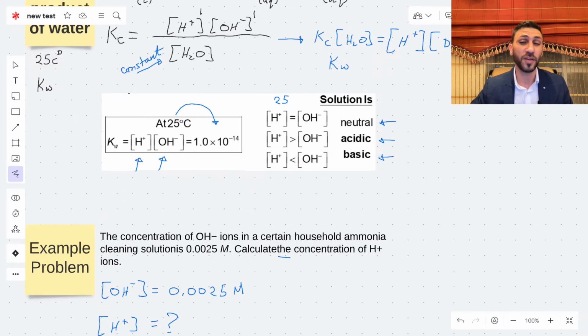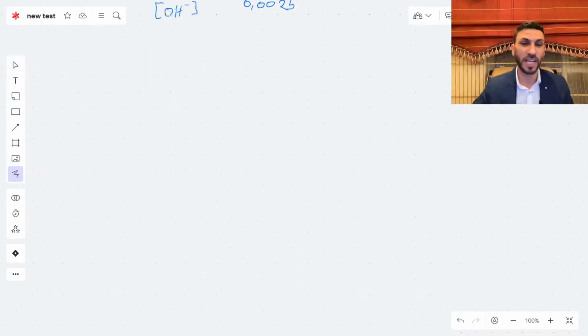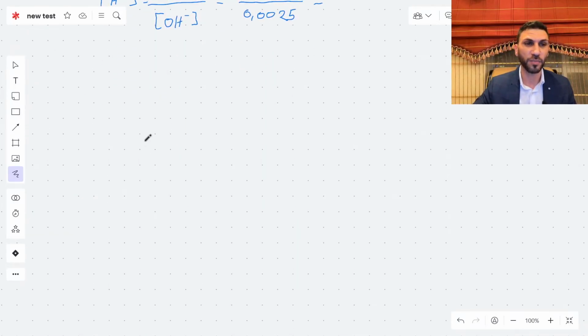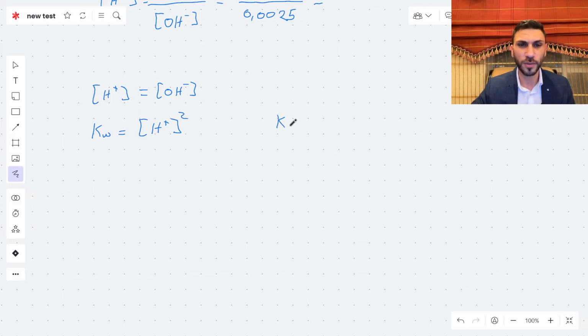And this is the last thing. If I have, for example, H positive equals OH negative, that means Kw equals H positive squared, or Kw equals OH negative also squared.